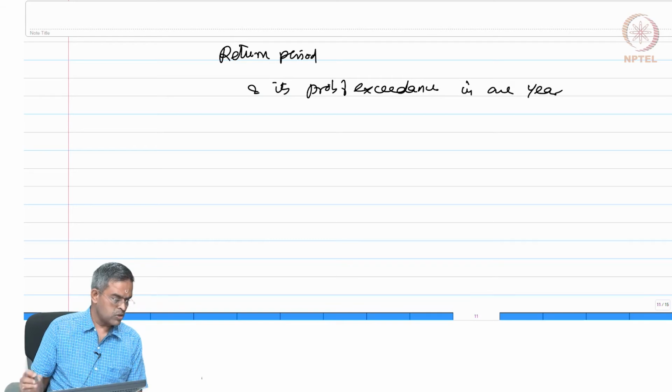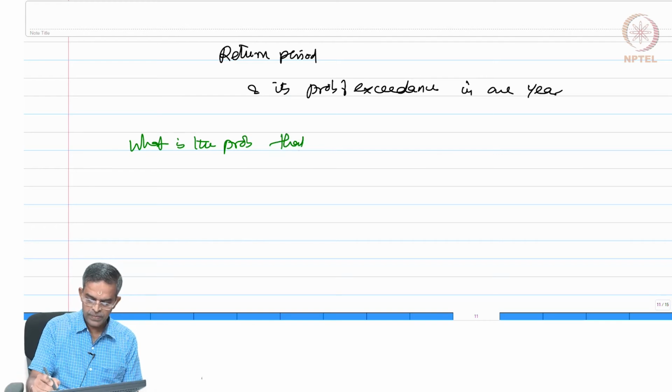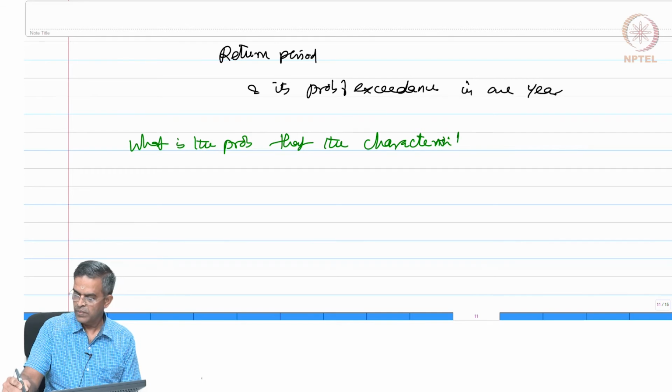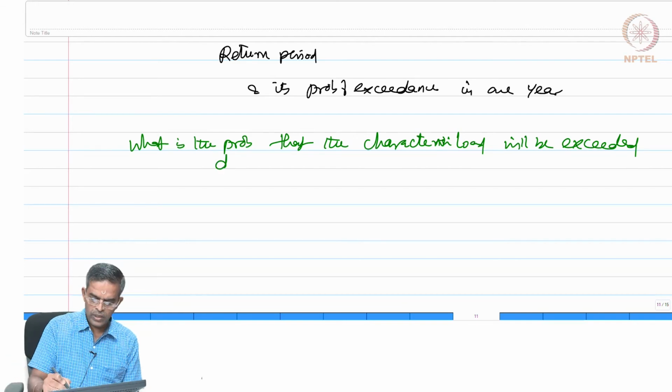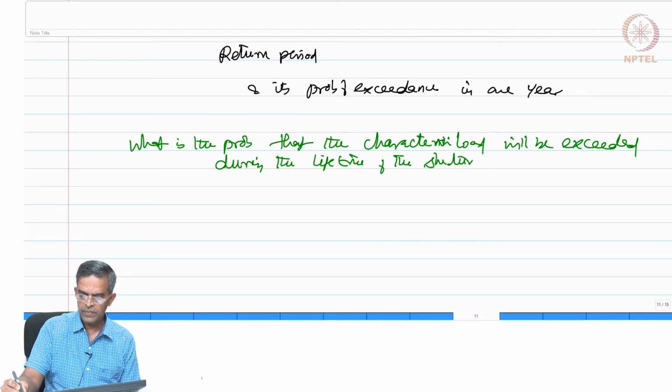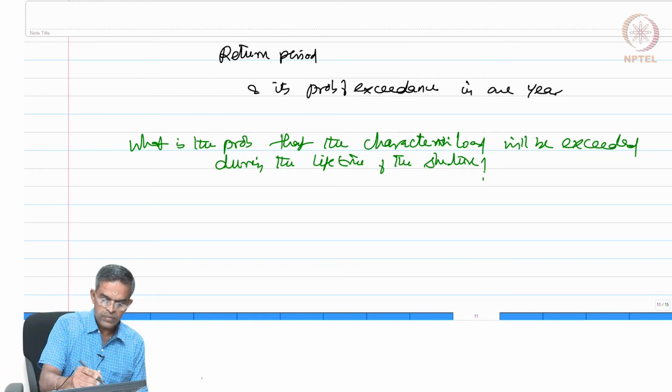Now, what we want to know is, what is the probability that the characteristic load will be exceeded during the lifetime of the structure? What is the probability?